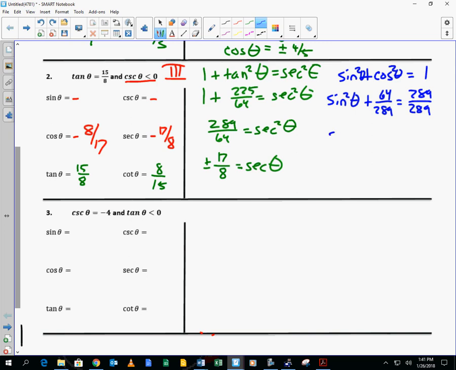So I get sine squared is equal to 225 over 289. Square root: plus or minus 15 over 17. Is it positive or negative? Negative 15 over 17, so cosecant.